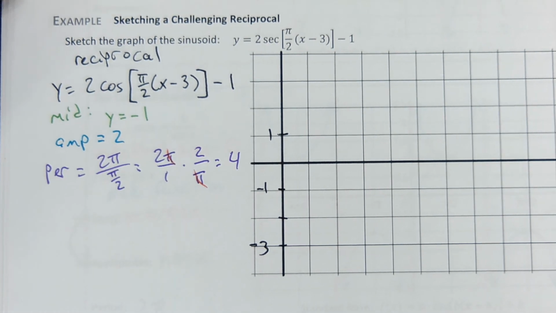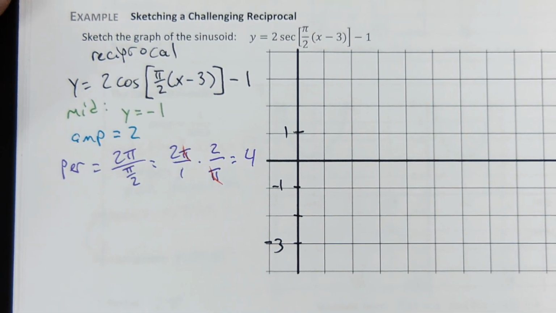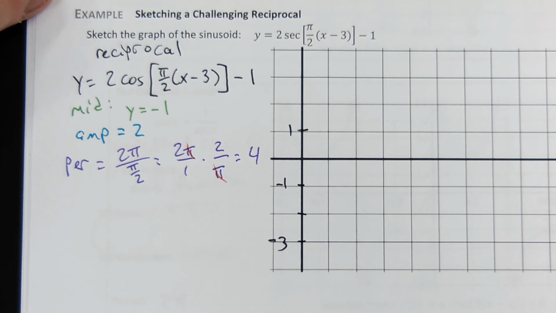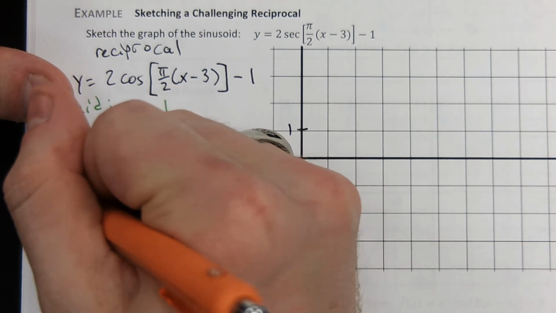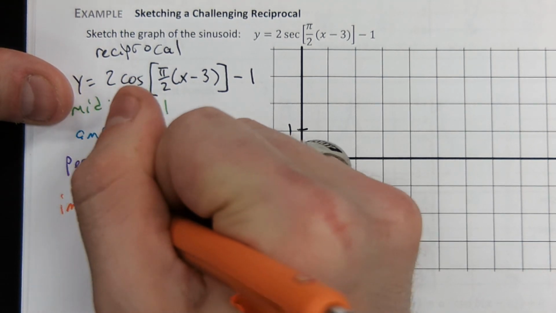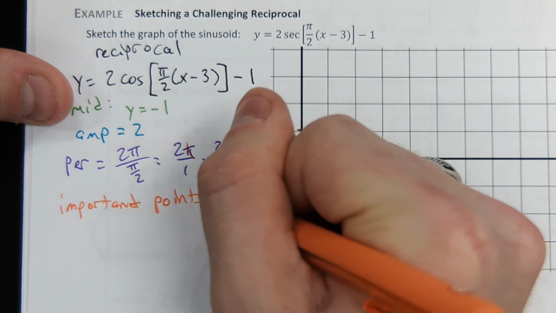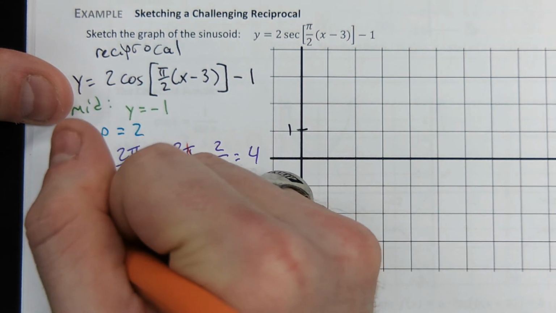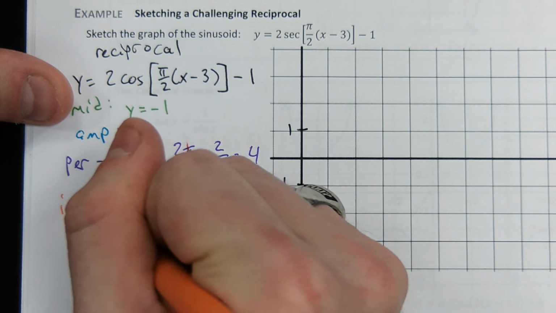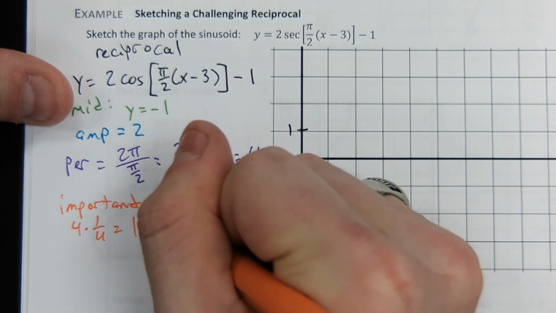Check it out. Our period length is 4. So the important points are going to happen every 1/4 of that, or every 1 unit. They're going to be 1 unit apart.